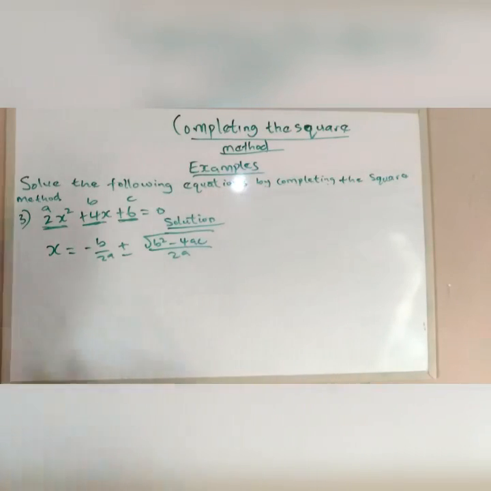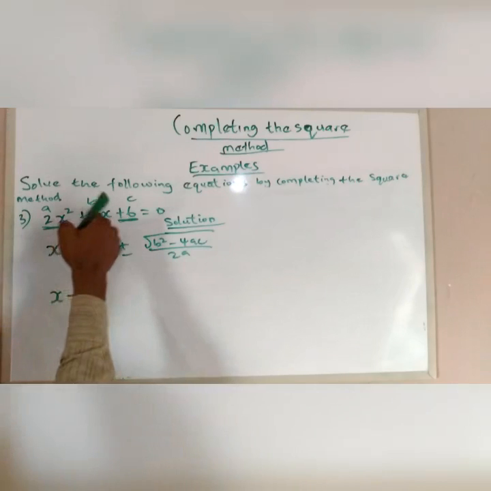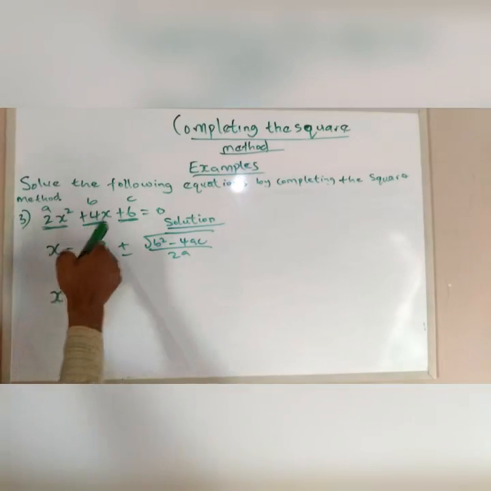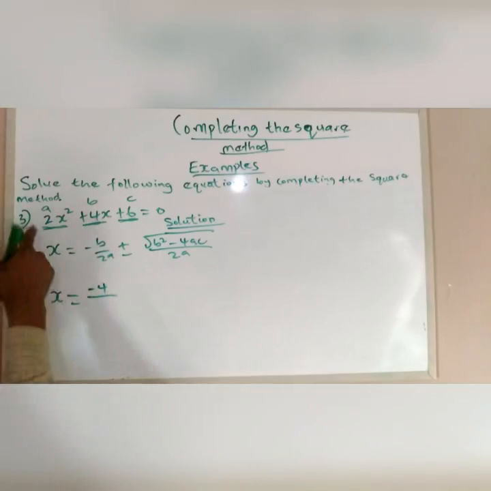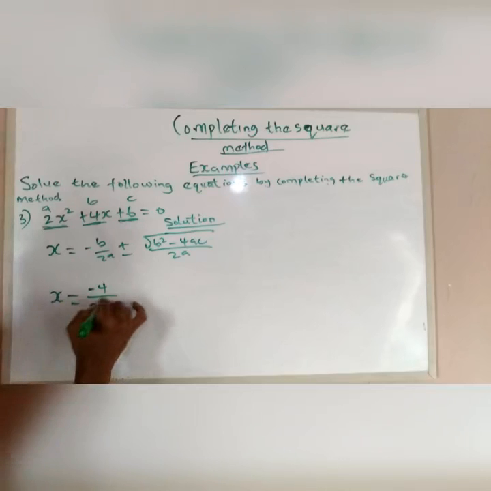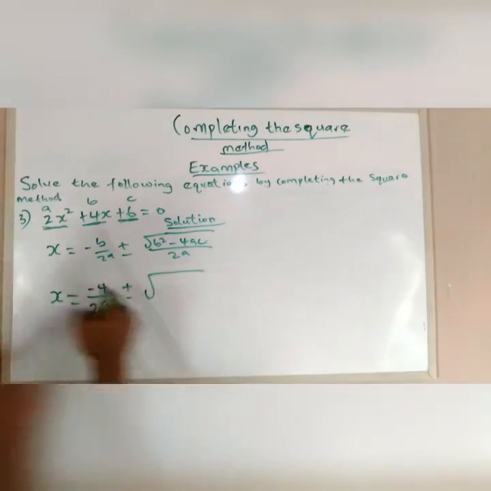So applying this formula to this question now, you have x is equal to, my b here is 4, so minus b will become minus 4 divided by, my a here is 2, so I have 2 into brackets 2, plus or minus root of, what's my b?